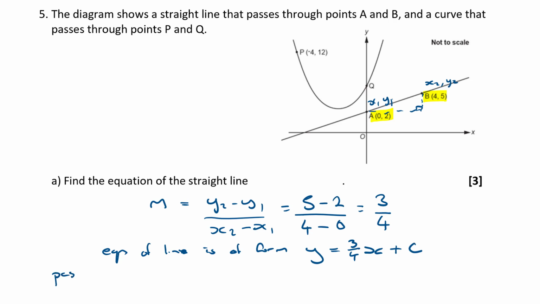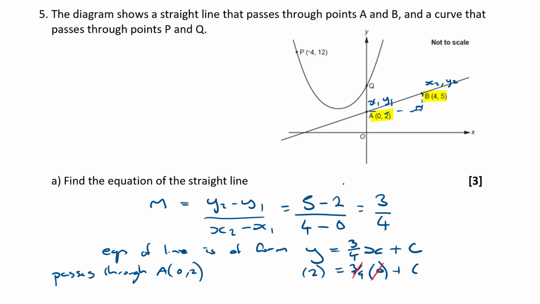So it passes through A, which has got coordinates 0, 2. So subbing that into my equation, y is 2 is equal to 3/4 of x, which is 0, plus c. Okay, well, 3/4 of 0 is just 0. It's going to become 0, isn't it? So I've got c then is equal to 2.